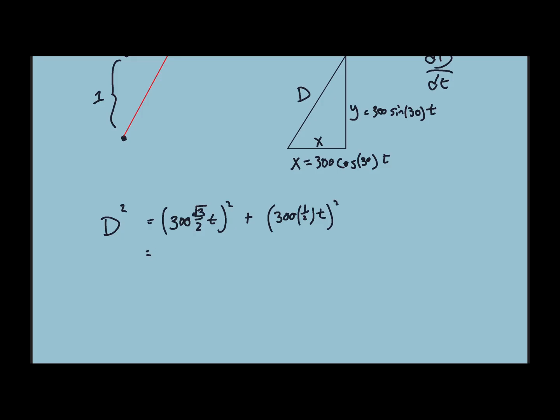So if I want to reduce this, that would be (150 root 3 t) squared plus (150 t) squared. Now 150 squared is what? 150 times 150 is 22,500. Root 3 squared is 3, plus 150 t squared.